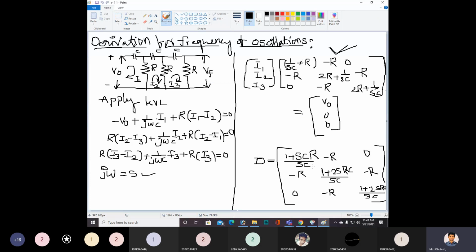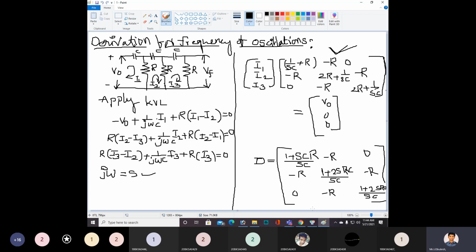See here, then minus, next you need to see minus into minus, that will be going to plus R into this. So now we need to see this. Okay, now we need to take this. Fine. This R into this term, this minus R into this term, and 0 into minus R.